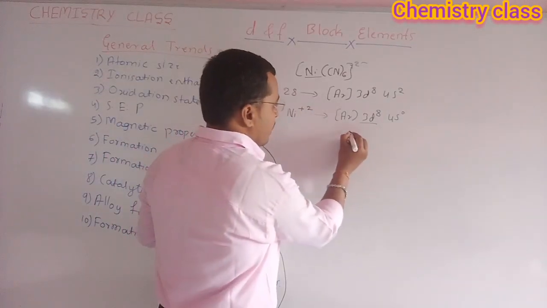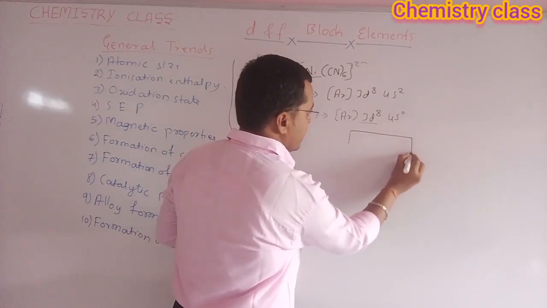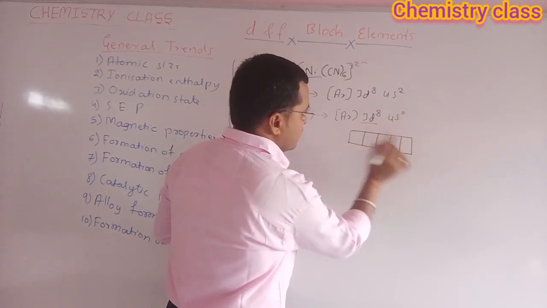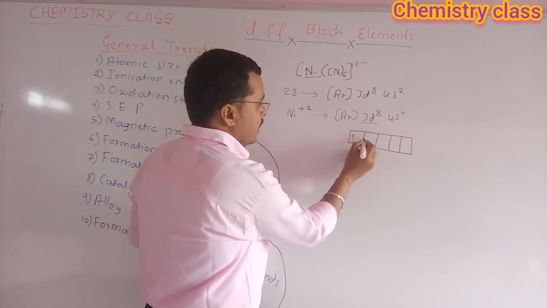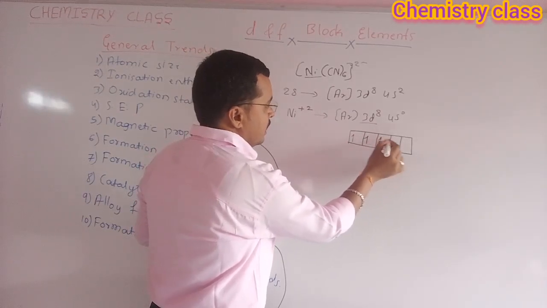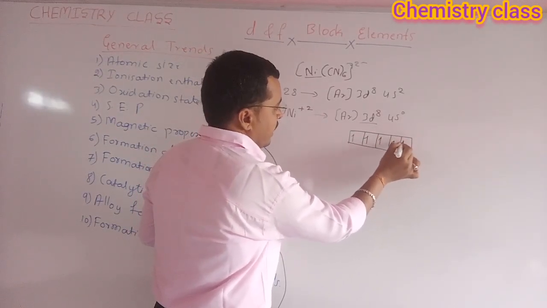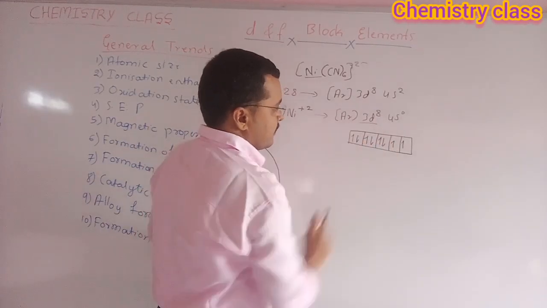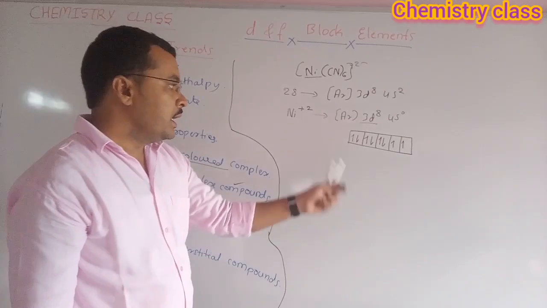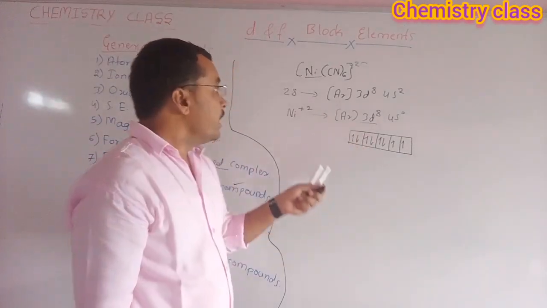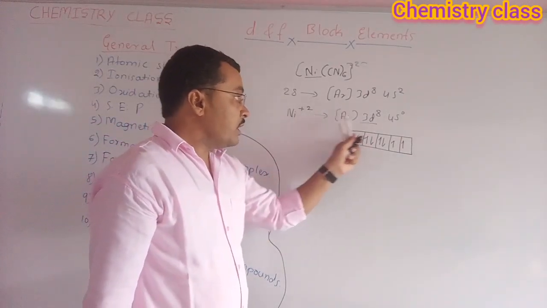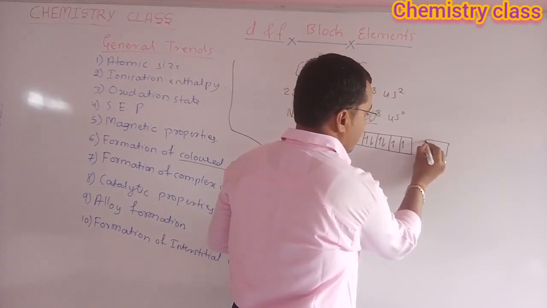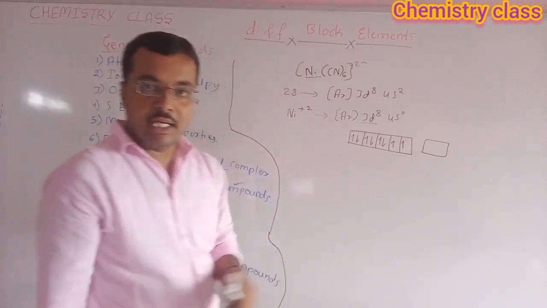Next, we can allot the electrons in the 3d series, right? The electron filling mechanism is like this. This is the electronic configuration of nickel, and 4s is completely vacant in nature.